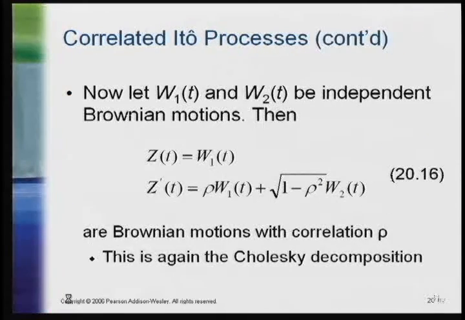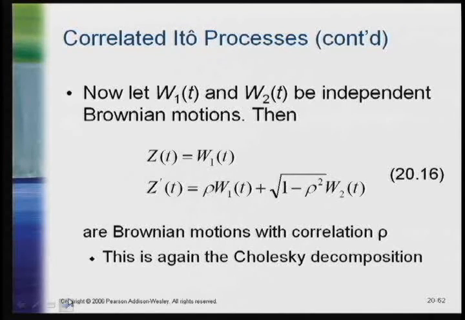So what I now want to do is to show how the correlated Ito processes from the chapter follow exactly the same structure of this simpler calculation we saw earlier. And that is that if W1 and W2 are now independent Brownian motions, we can create correlated Brownian motions using identically the same tools that we used earlier.